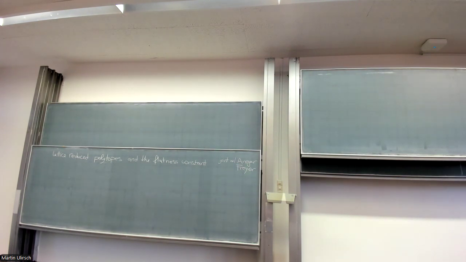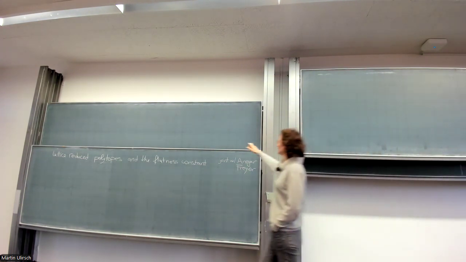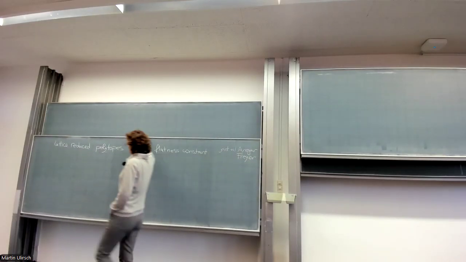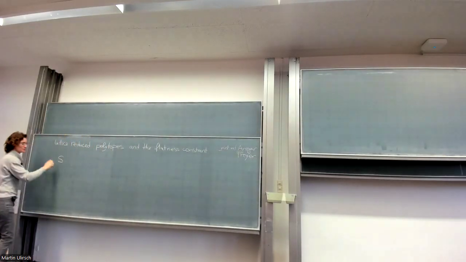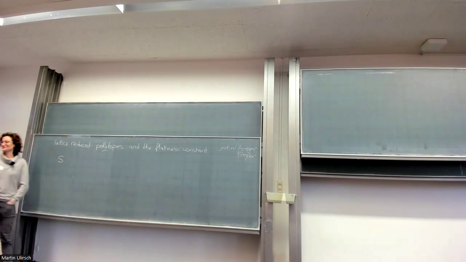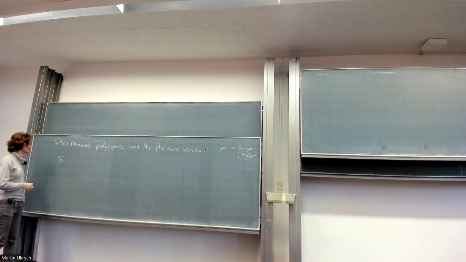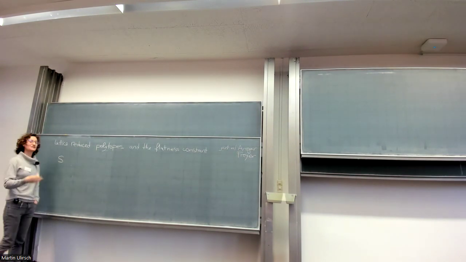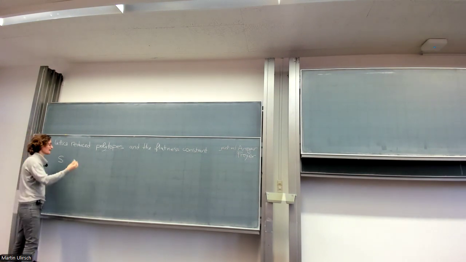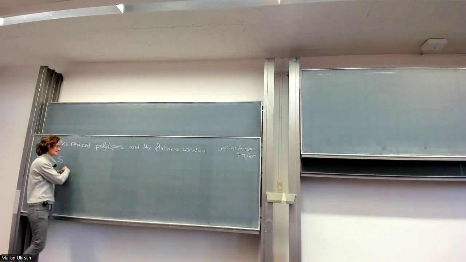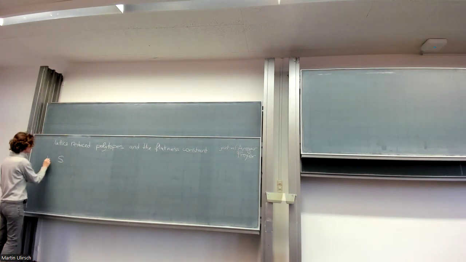So if you have some set, and he had some properties on the set, maybe semi-algebraic, something like that, he wanted an algorithm to check whether this set was reduced.